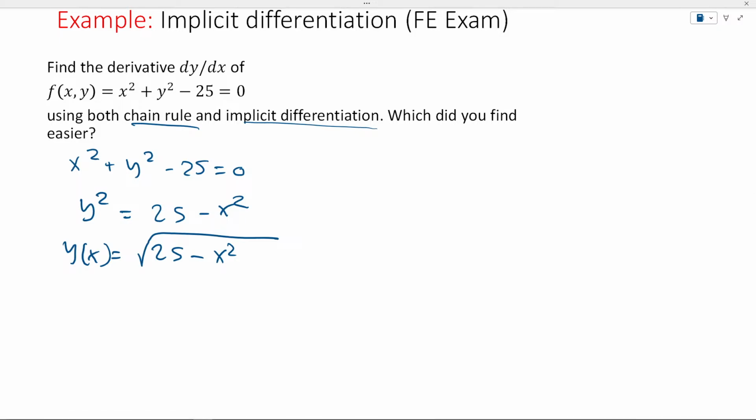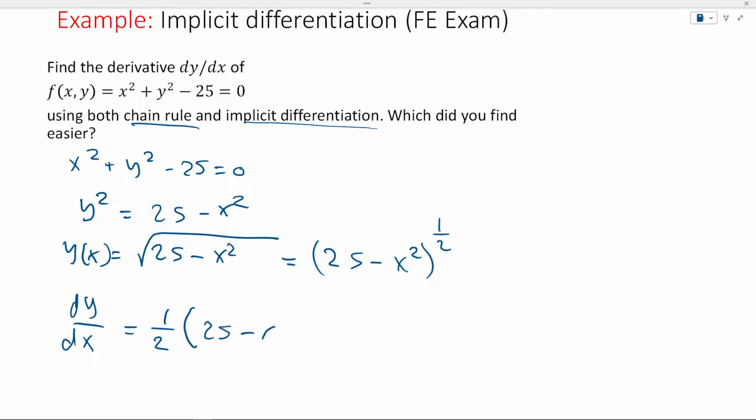And then how could I find y prime, or dy with respect to dx? I can express this as 25 minus x squared to the power of one half. I can bring this down, so that would be half times 25 minus x squared to the minus half, and then I take the derivative of what is inside the bracket, which would be minus 2x.